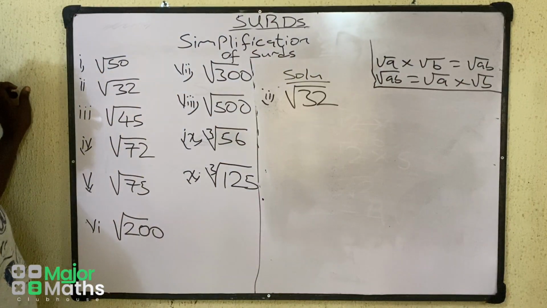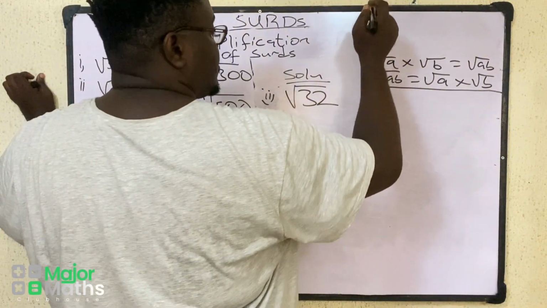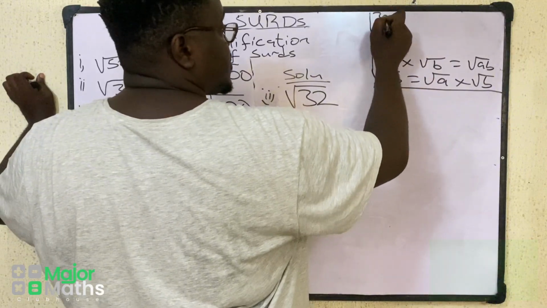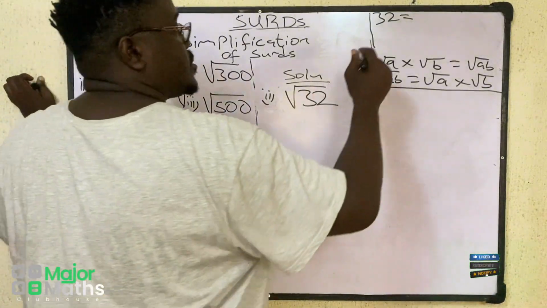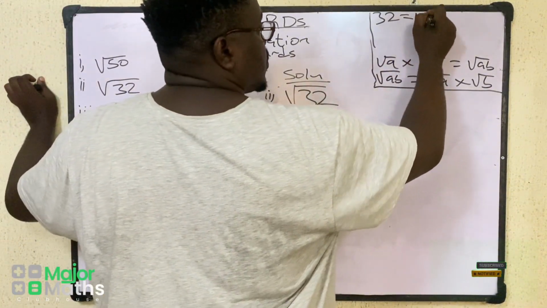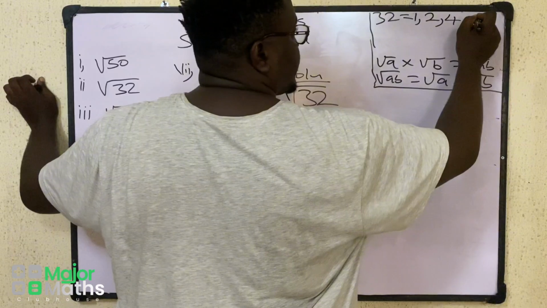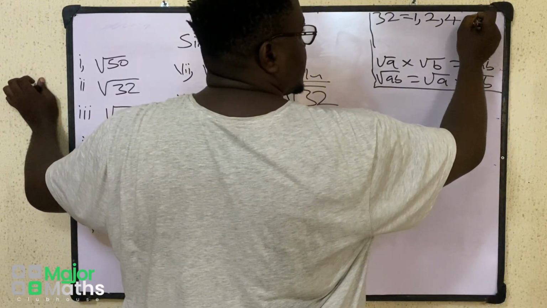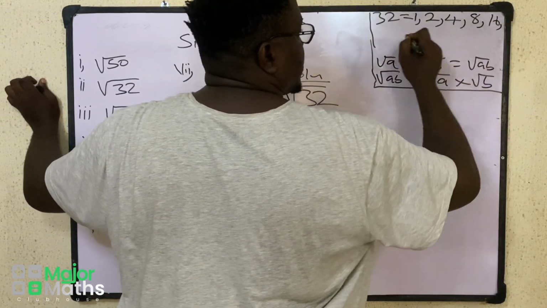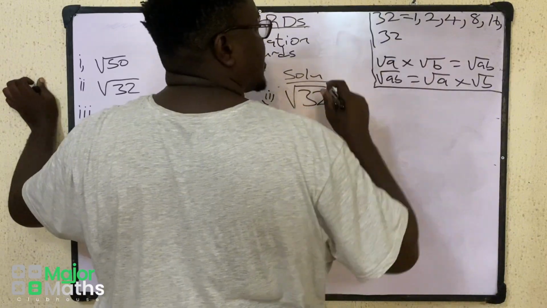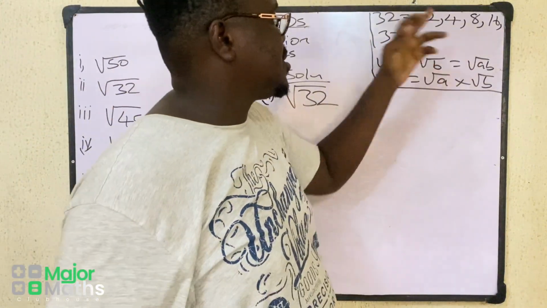So we have root 32. What did we say? The first thing is to find the factors of 32. The factors we have are 1, 2, 4, 8, 16, 32. Let's confirm. This is called the factor chain.